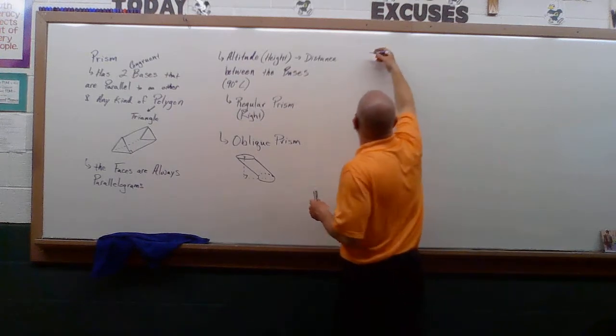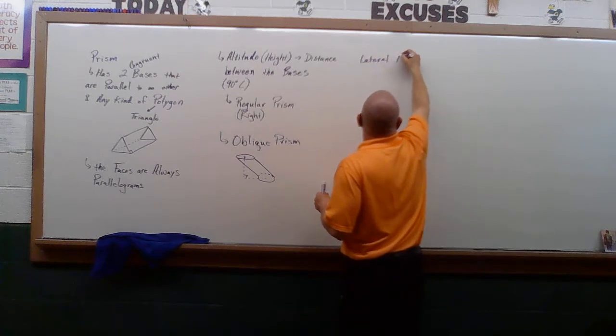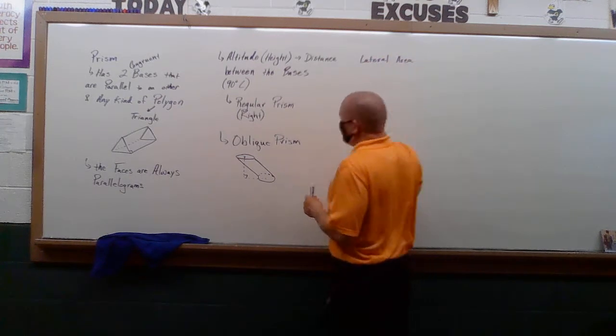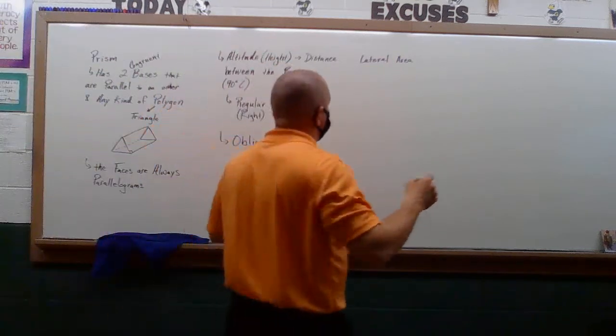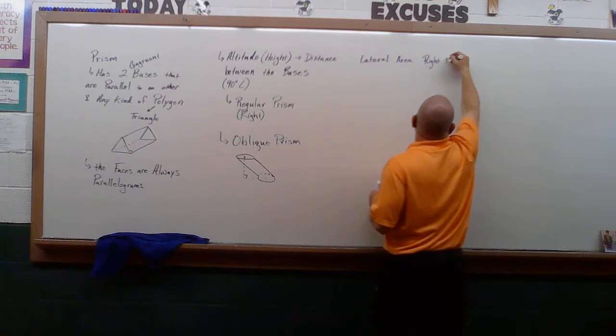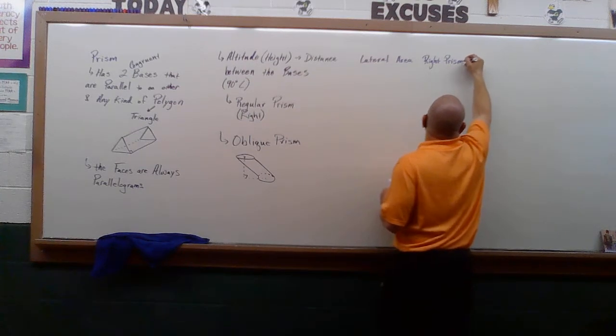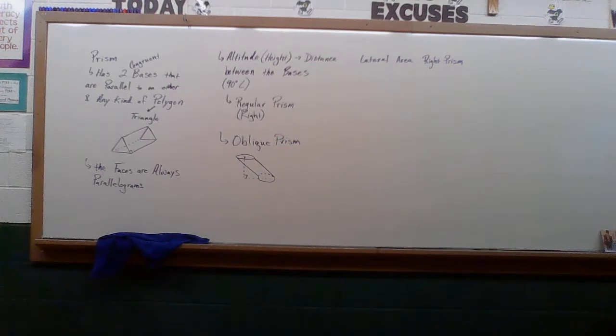Now we start talking about what this section's about, and we're going to talk about the lateral area. What's the lateral area mean to you? Any idea? So if I have my shape, again, if I go back to my right prism, okay?